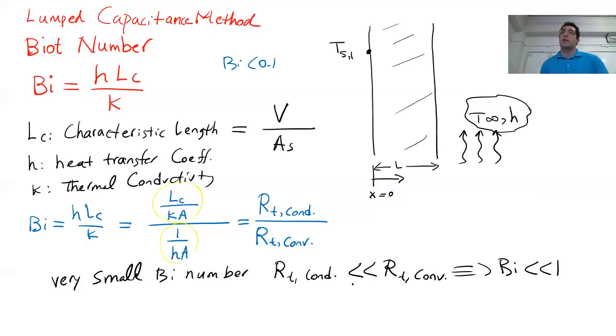Again, consider the example of the copper sphere inside air, which is not moving, right? Resistance by convection is large, resistance by conduction is really low. So the Biot number should be much smaller than 1.